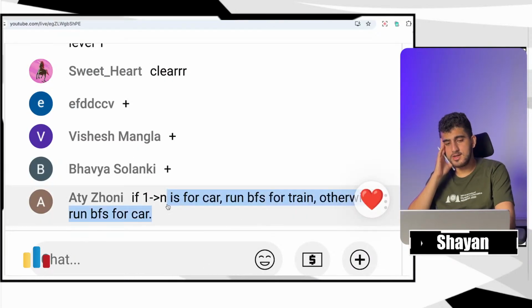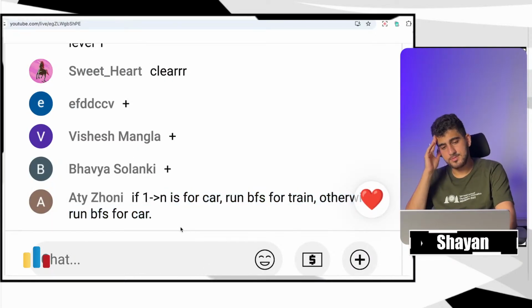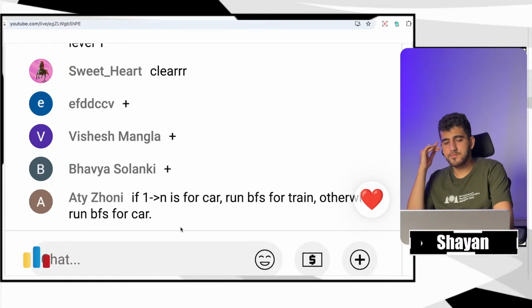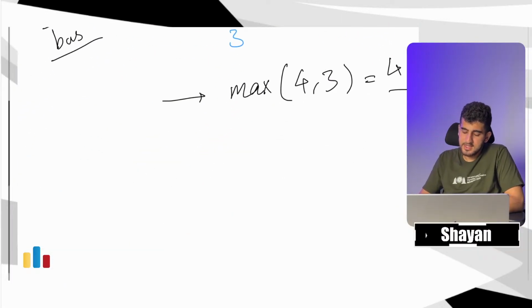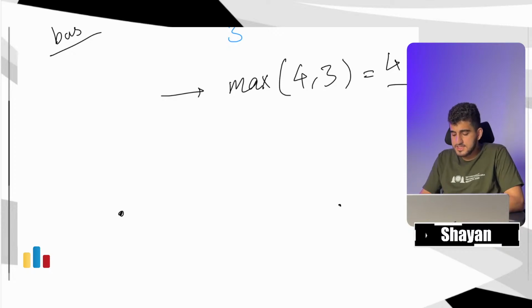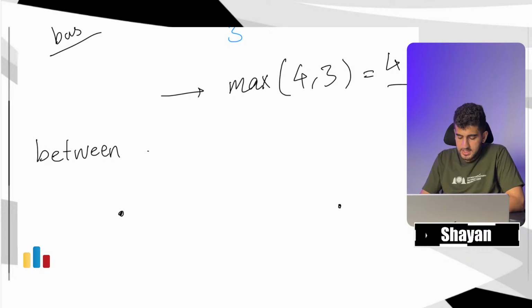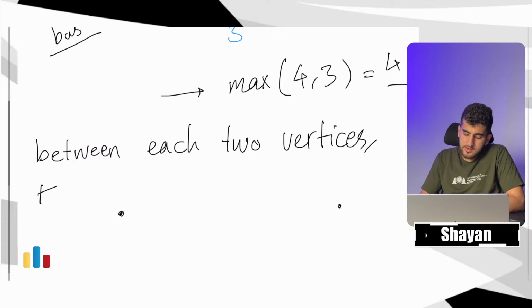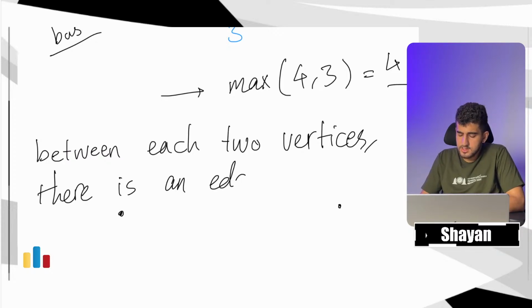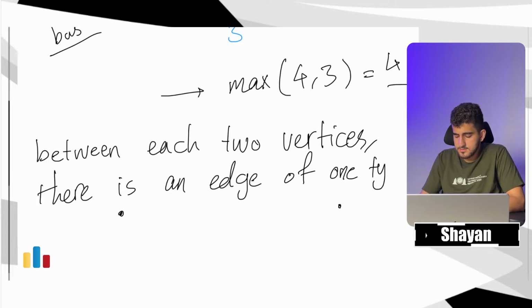Yes, nice, great. That is basically the main idea of this problem. So the point is, what you're saying is that between each two vertices there is an edge of one of the types.